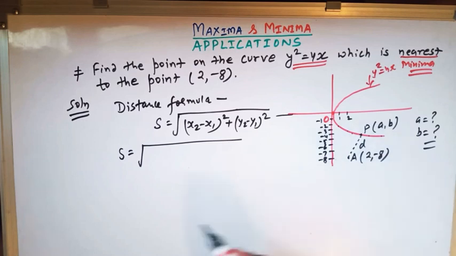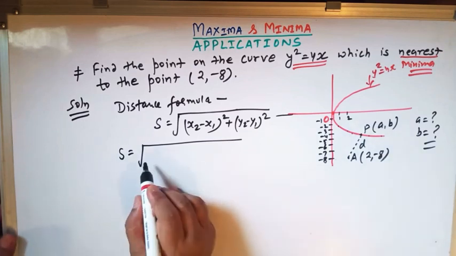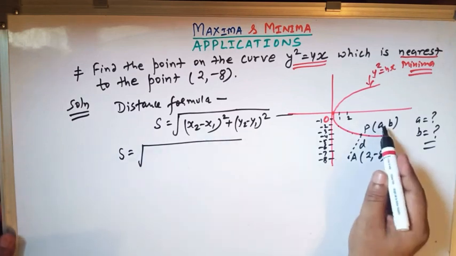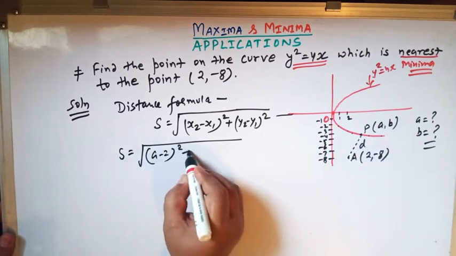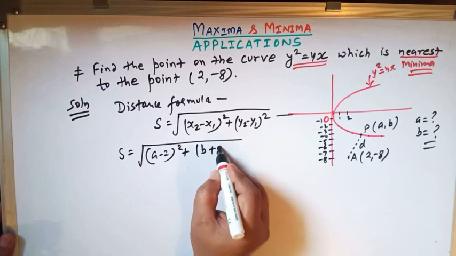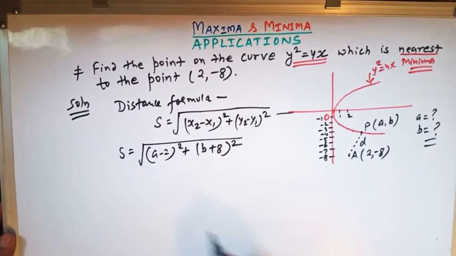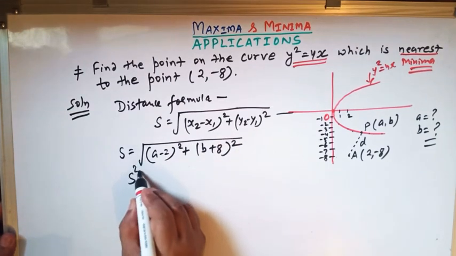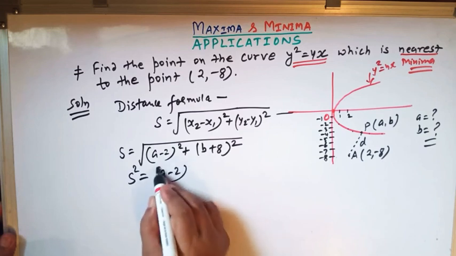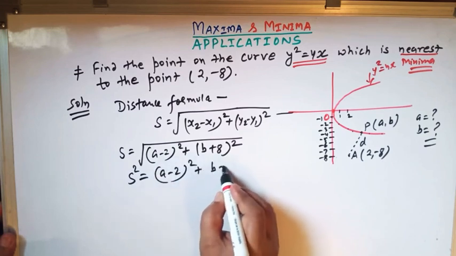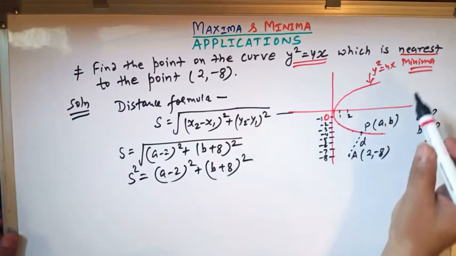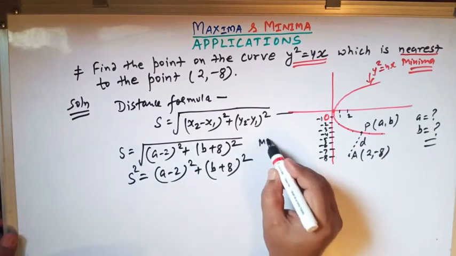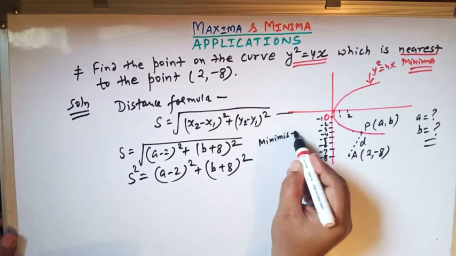Clear? So s is the distance between P and A. So s is x2 minus x1, this is a minus 2 whole square plus b plus 8 whole square. Or we can write s square is equal to a minus 2 whole square plus b plus 8 whole square. Whereas we have to minimize s.